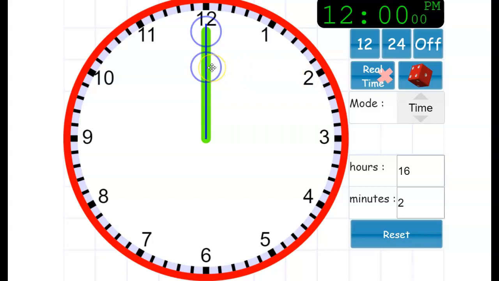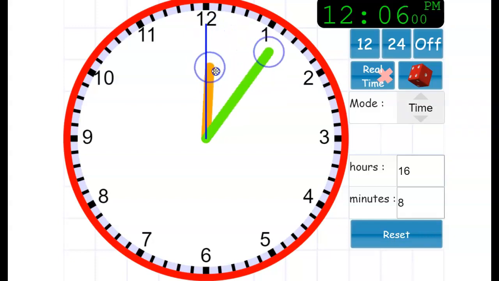So let's say I'm making the minute hand move 5 minutes. All right, here we go. This is so tricky. There we go. 12:05. That was just 5 minutes from 12 o'clock to 12:05.